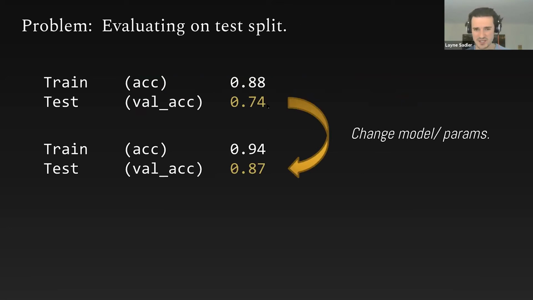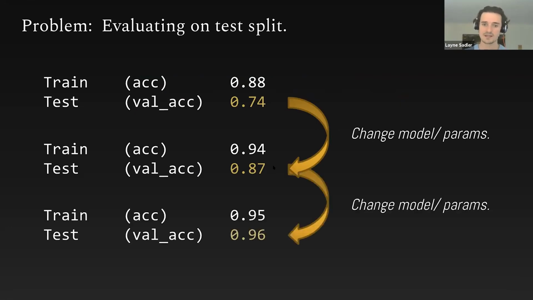Now, if you make changes based on this information over time, you can say, oh, when I did this, my test score increased. And then eventually you can push your way up to good accuracy on your test data set like this.